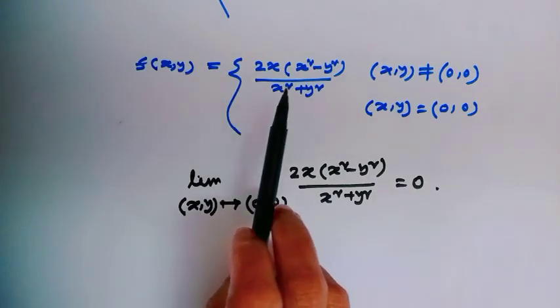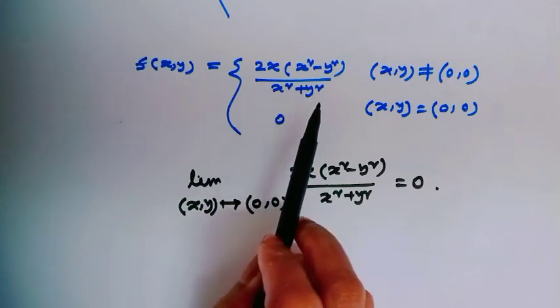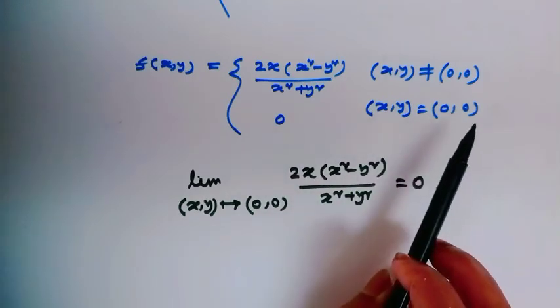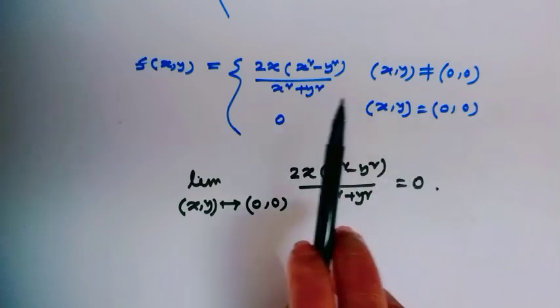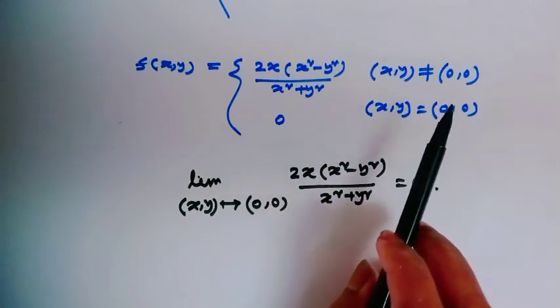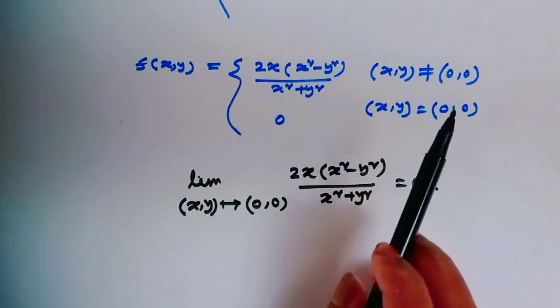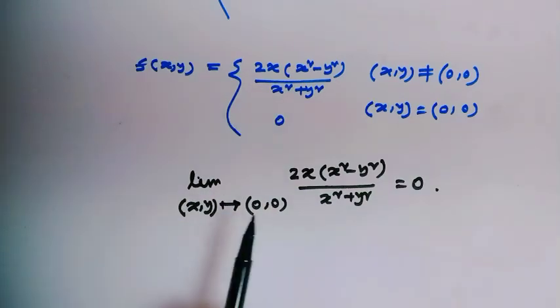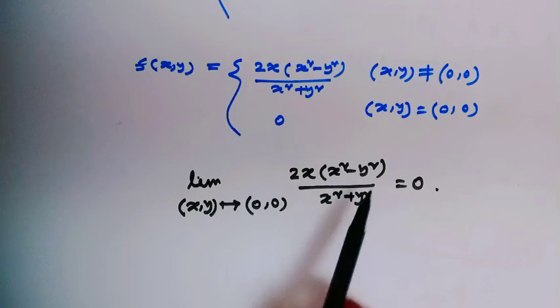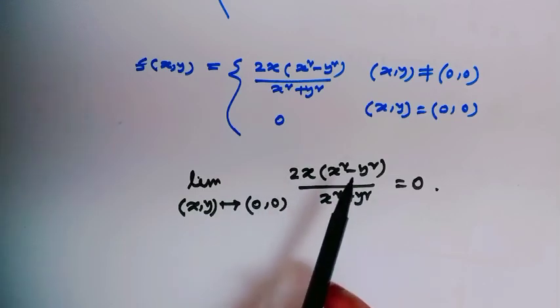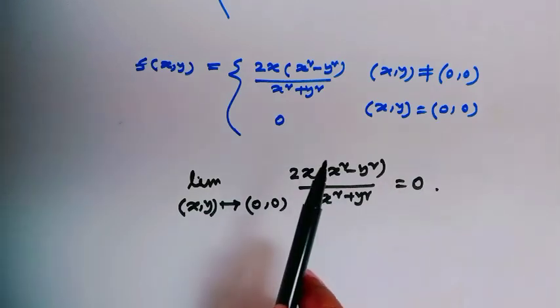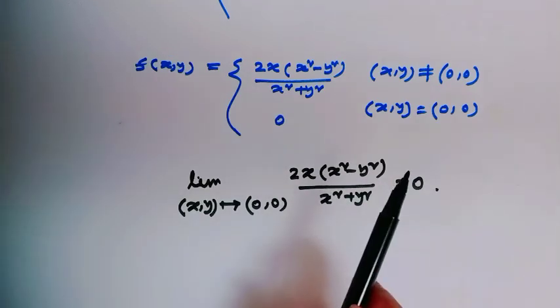f(x,y) equals 2x times (x square minus y square) over x square plus y square when x and y are both non-zero, and 0 when x and y are both 0. Similar to before, the function is continuous when x and y are non-zero. Now we have to prove that if the limit as (x,y) approaches (0,0) of the function exists and the value is equal to 0, then the function must be continuous.